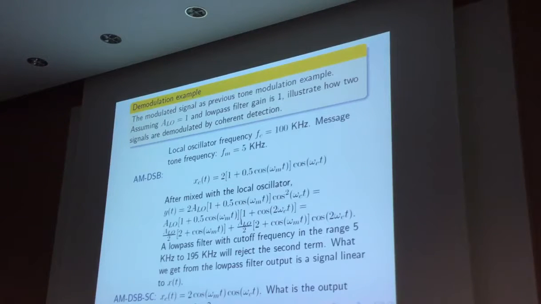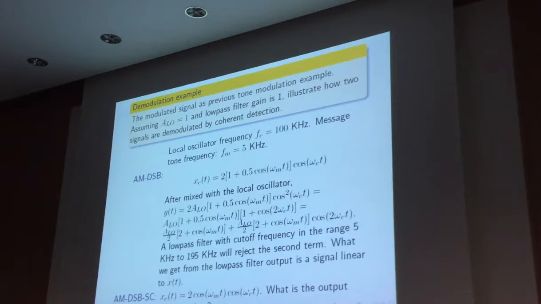Okay, so from here you can see we can demodulate the signal in a synchronous case. Okay, any questions? Sorry? Okay, speak louder. A_LO. This one, because A_LO equals 1.